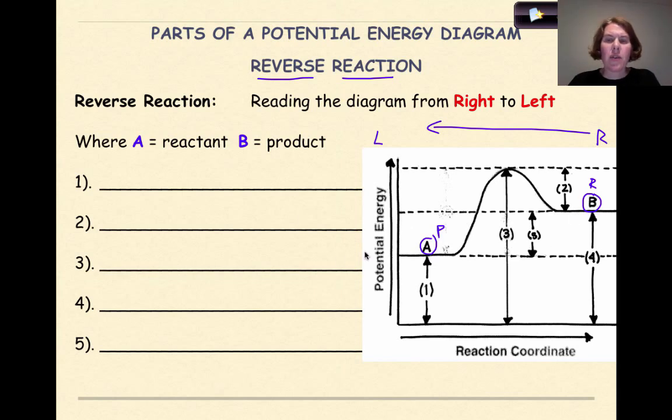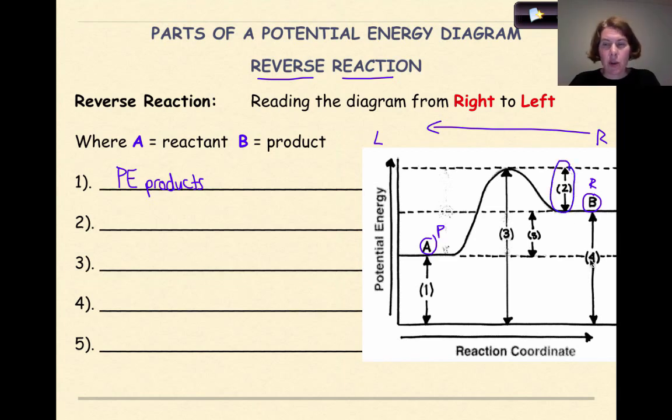So if we start going through our numbers, let's look at number 1. Number 1 corresponds to our product, so it's still the potential energy of our products, because it's lined up with what we're looking at as our products. Let's look at 2. Now 2 is very interesting here because this is activation energy.